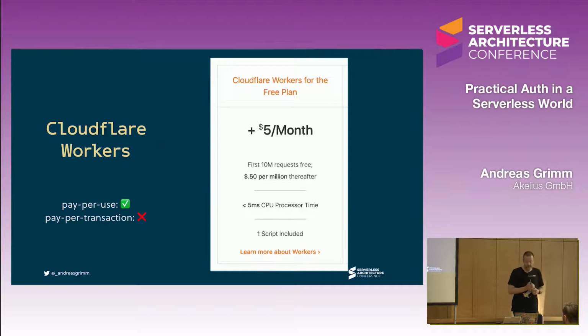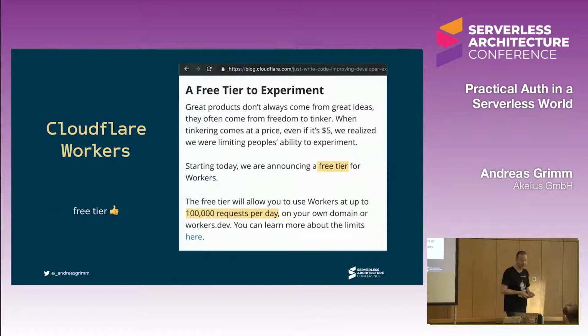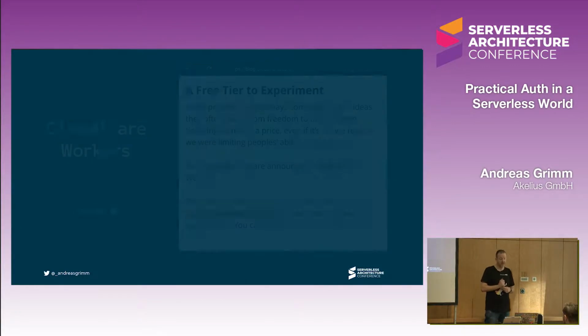They also have a pricing model that is in ranges, not per transaction, starting at $5 a month, and if you want to test it, they also have a free tier, which is pretty cool, because when I started they didn't have it, and at some point they introduced it, so you can test it out.